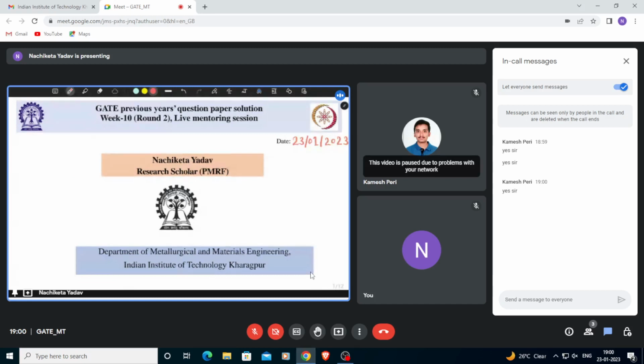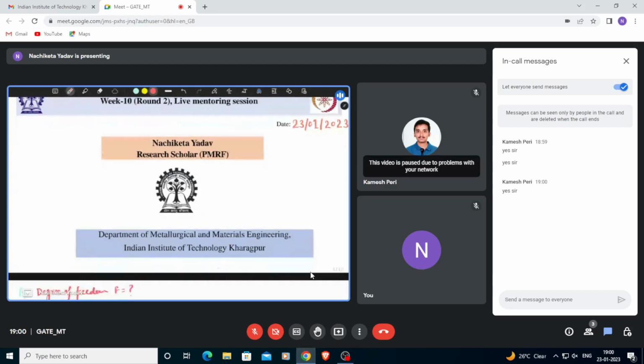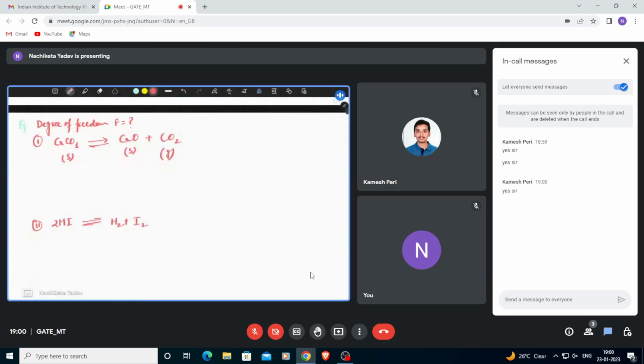Okay, so can you calculate the degree of freedom for this first reaction, CaCO3 in equilibrium with CaO and CO2? Can you try?